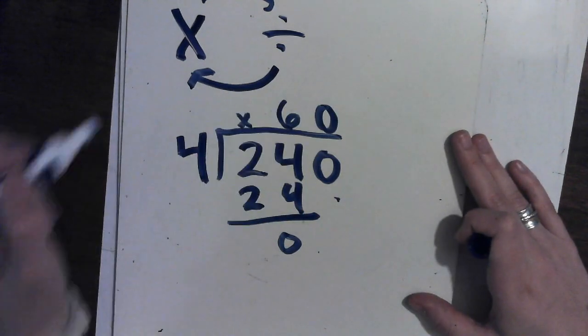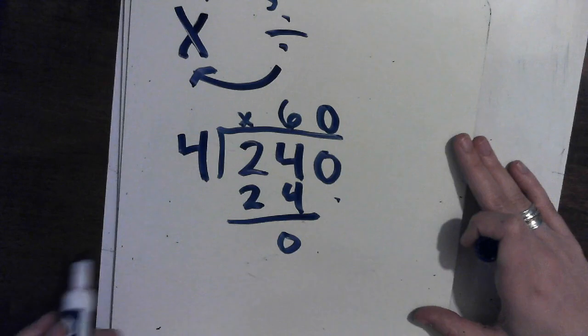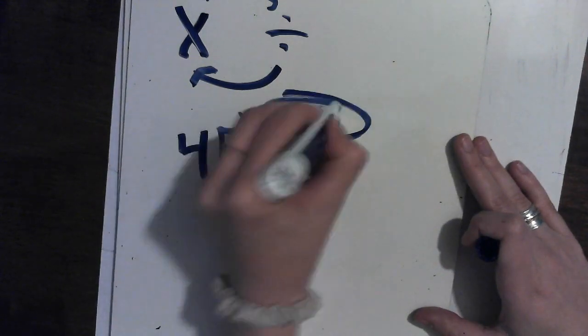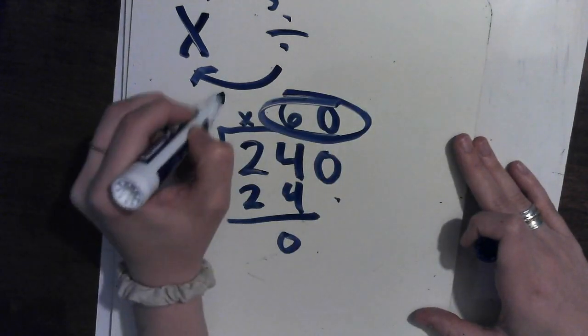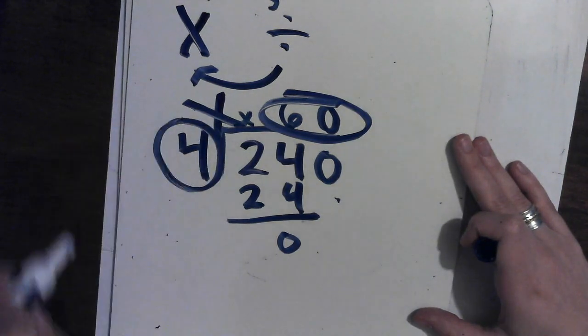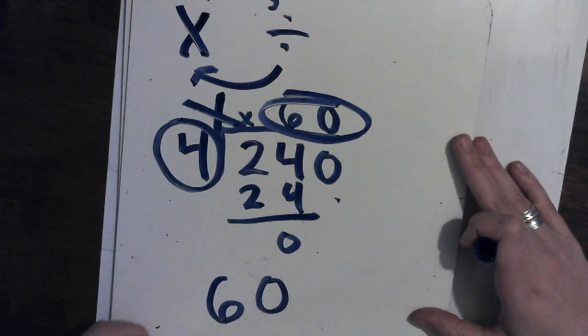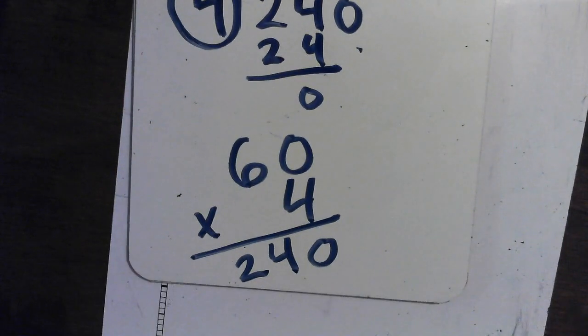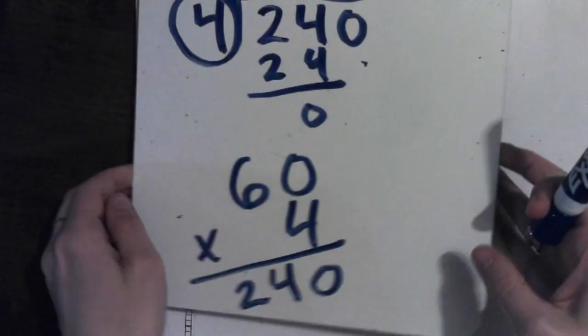I'm going to bring it up. In order to check this with multiplication, I would take my answer or my quotient and multiply it times my divisor. When I do 60 times 4, I get 240. So they're inverse operations.